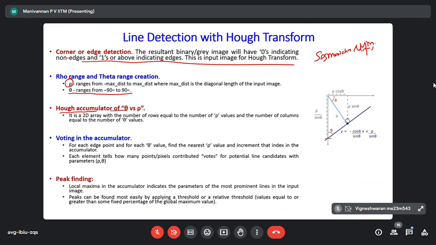Right? Then the values will be stored in what is called an accumulator. It is a 2D array with the number of rows equal to the number of rho values, that is the value we are calculating, and the number of columns equal to theta. For different theta, you calculate. See, we have shown only 2 here.